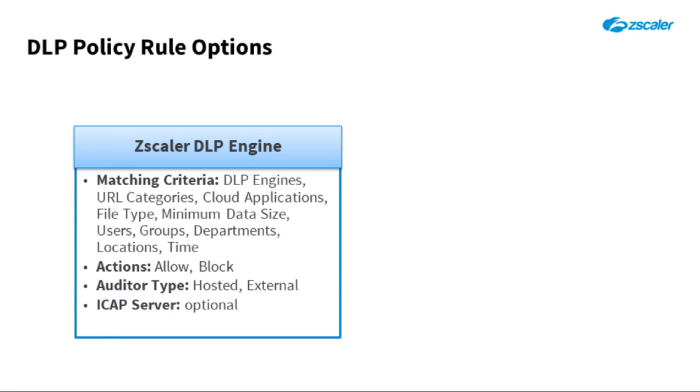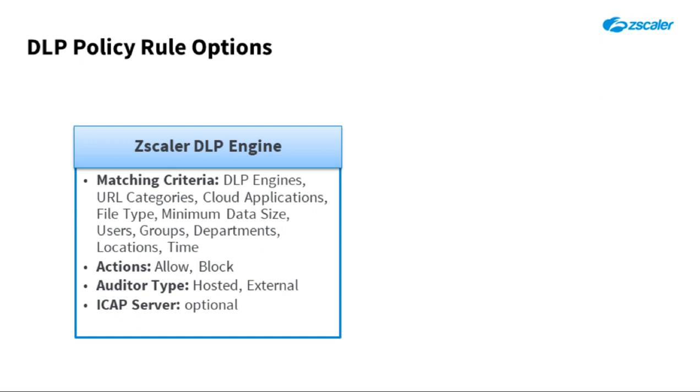If you elect to go for the Zscaler DLP engine option, you have the ability to match data signatures from the standard Zscaler DLP engines or any custom engines that you created for specific purposes. Other criteria that can be used are any combination of the available URL categories, any combination of the defined cloud applications, specific file types, a minimum data size threshold, and all of the standard criteria: users, groups, departments, locations, and time.